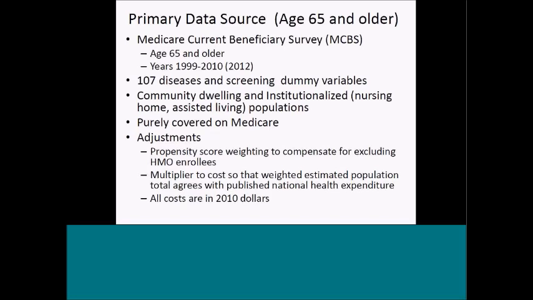And then we also apply a multiplier to the cost so that the weighted estimated population total agrees with the published national health expenditure. So we want to make sure they're calibrated, so our total cost exactly matches the published national health expenditure produced by the Census Bureau. All these costs are in 2010 dollars.